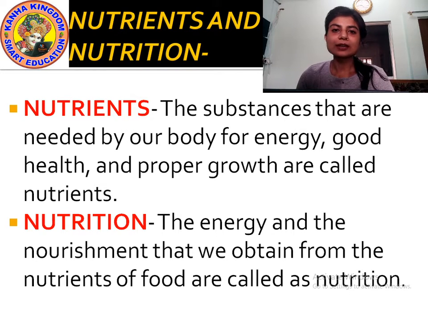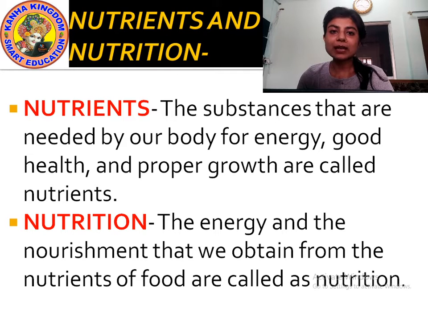What are nutrients and nutrition of a food? So students, what do you mean by nutrients? Nutrients means the substances that are needed by our body for energy, good health and proper growth of the body.